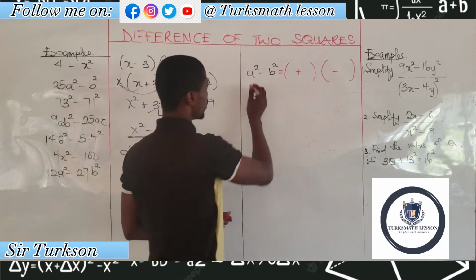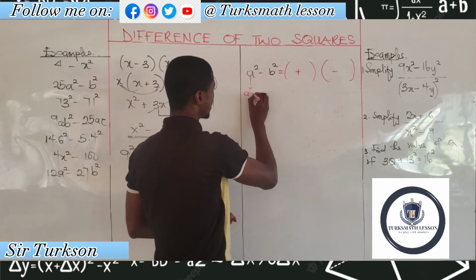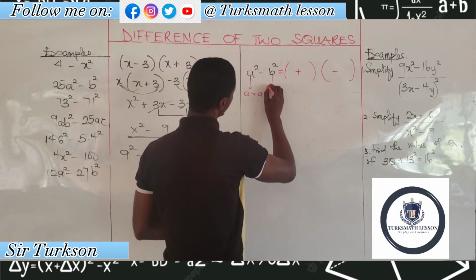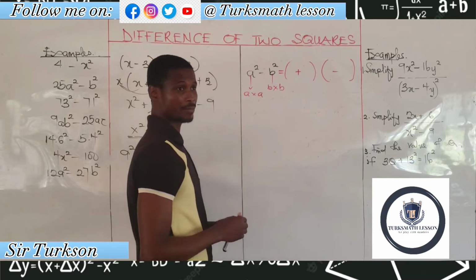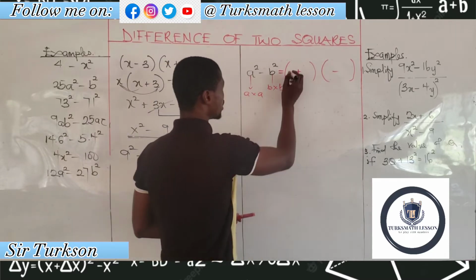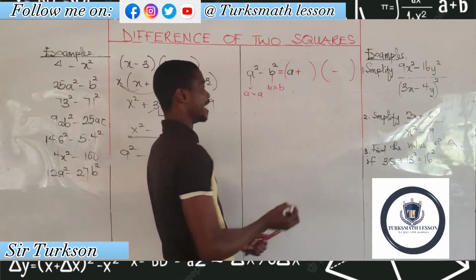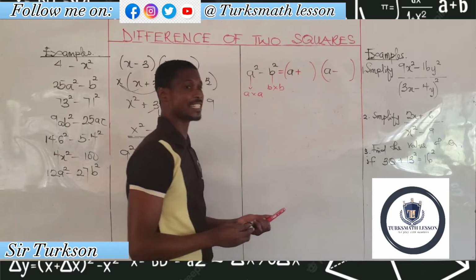Very good. So how many a's do I have here? 2. a times a will give us a squared. Then we have 2 b's, and b times b also gives us b squared. They are all squares. So here you put a, then here you put a.